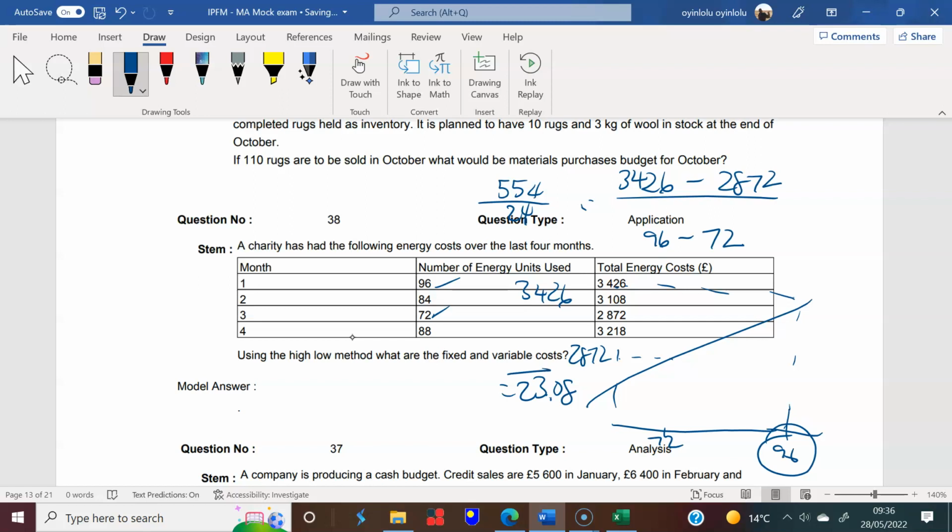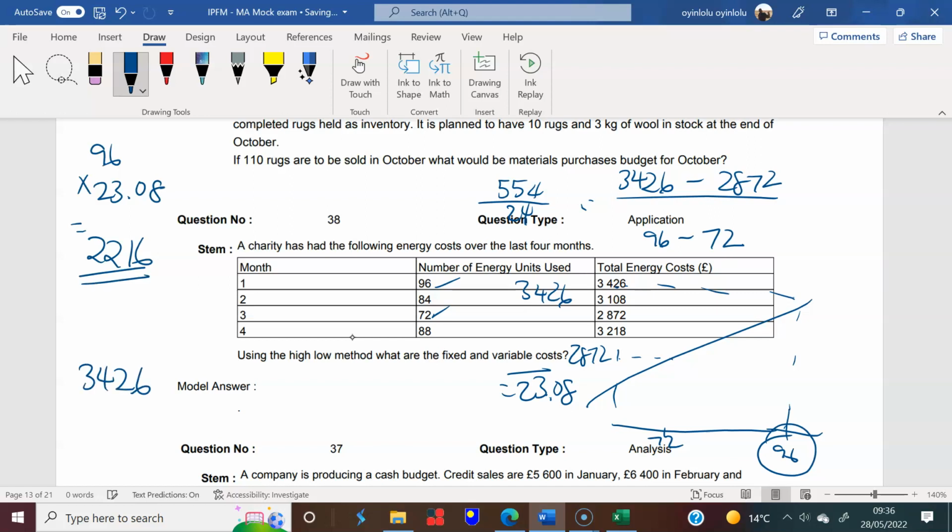So I'll pick the one with 96 units. So when I make 96 units, I have a total variable cost of 96, of course, times £23.08 times 96. That gives me 2,216. But then the total cost is 3,426.